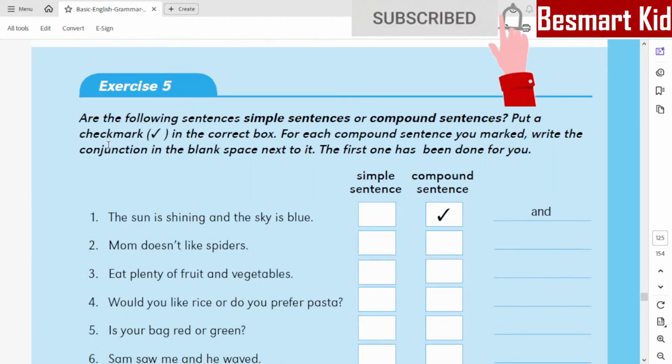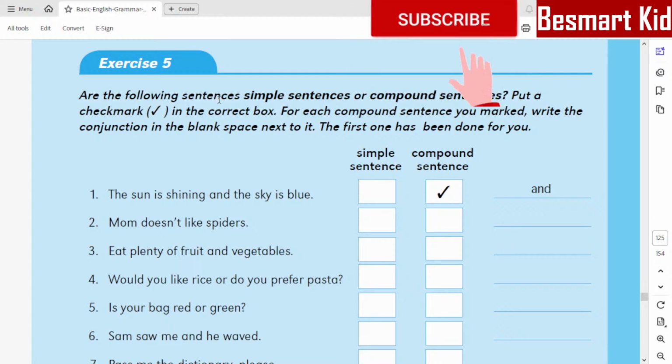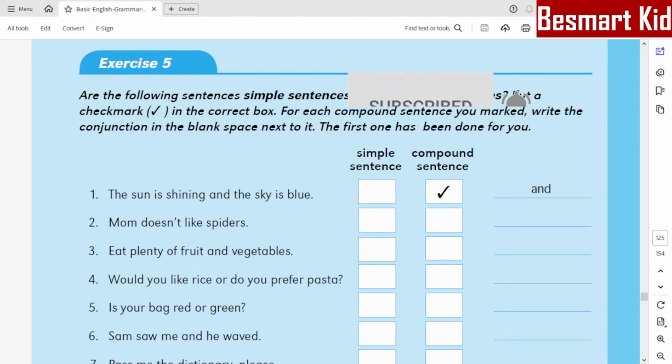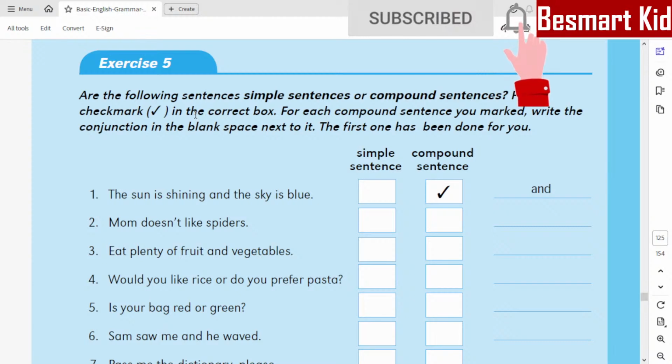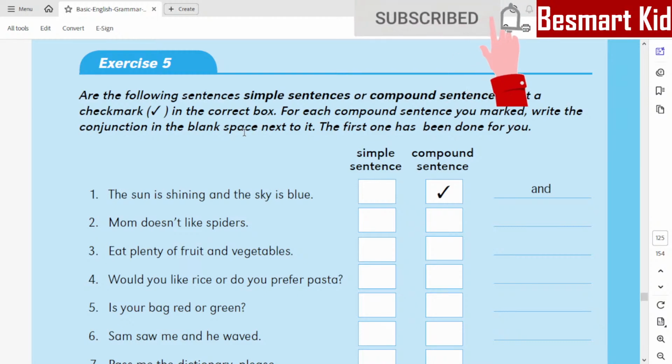Exercise 5. Are the following sentences simple sentences or compound sentences? Put a check mark in the correct box for each sentence, and for each compound sentence you marked, write the conjunction in the blank space next to it.